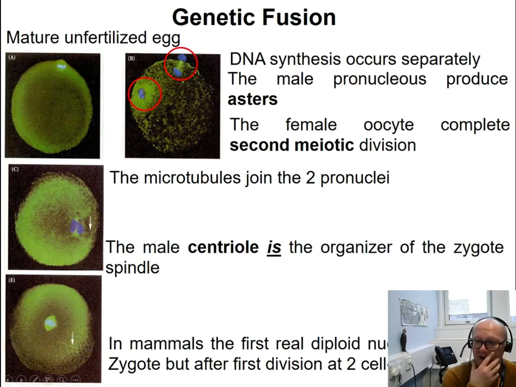And one fun fact is that although after the fusion of the male and female nuclei, and after the forming of the male and female chromosomes in the same spindle, they do all this, what they don't do is form a nuclear membrane around them. So in fact, the first cells that have a nuclear membrane, so they have a real diploid nucleus, are the cells that are formed after the first zygotic division. So that is when we have an embryo with two cells.